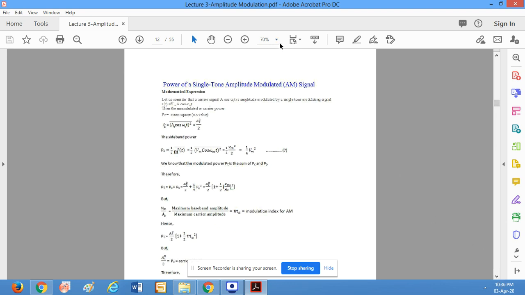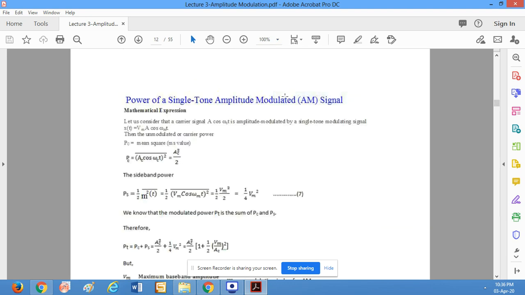Now we'll find out the power of the single tone modulated AM wave. Here the single tone modulated wave is basically a sinusoidal signal. We have taken a carrier signal Ac cos(omega_c t) as the amplitude modulated wave by a single tone modulating signal x(t) equals Vm cos(omega_m t).